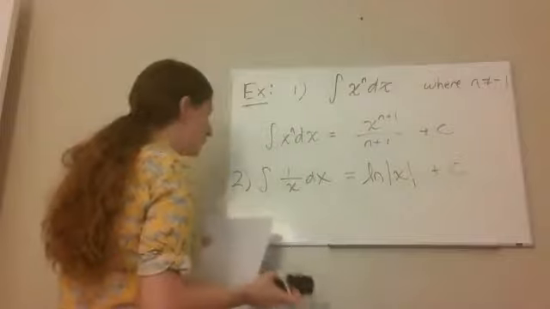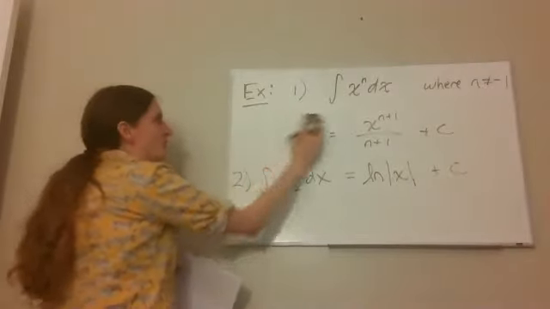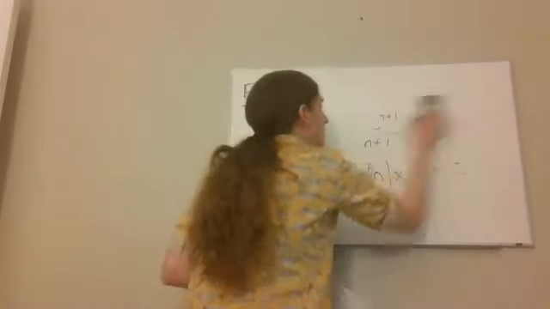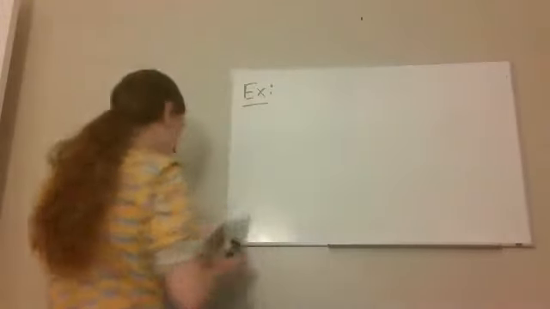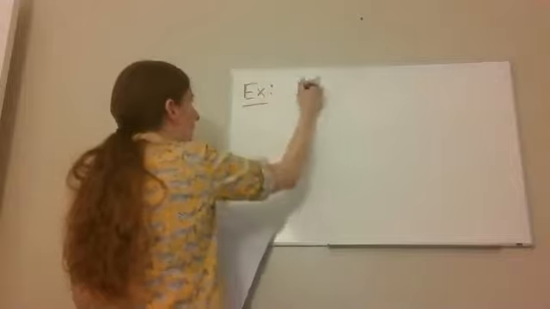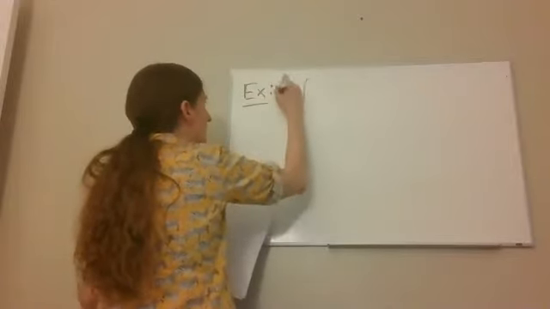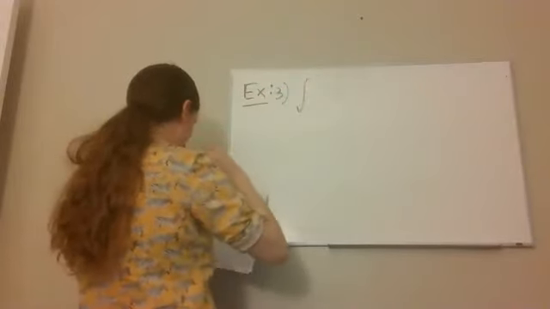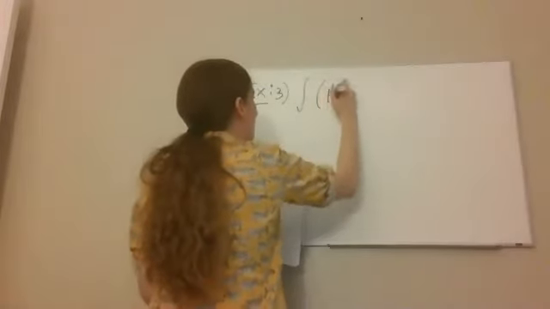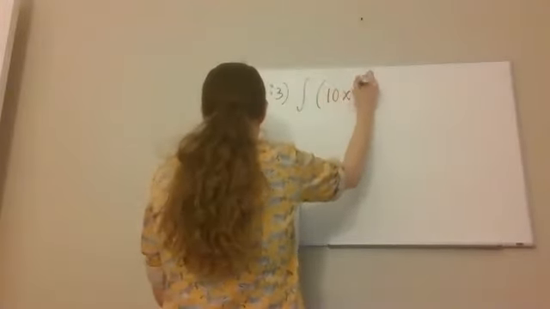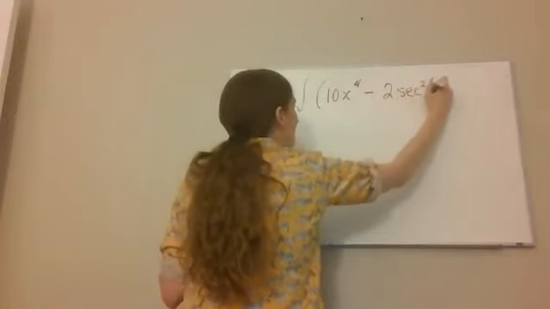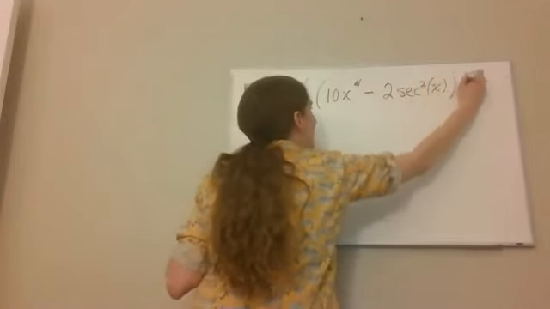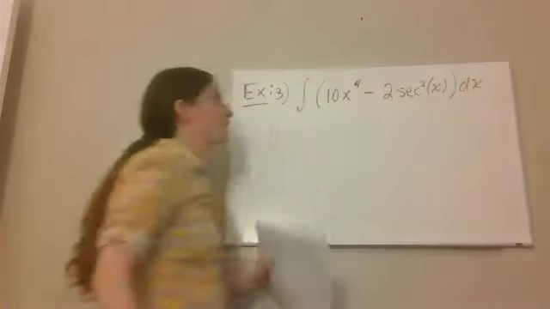All right, let's do one more antiderivative for now. How about the integral of 10x to the fourth minus 2 secant squared of x dx.